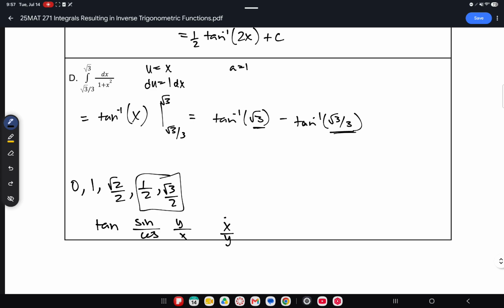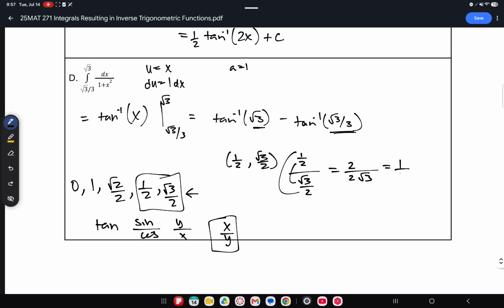So I know we're looking for an x over y scenario for these inverse tangents, with these as a combination. If the point is 1/2 and root 3 over 2, then x over y would be 1/2 divided by root 3 over 2, which would give us 2 over 2 root 3, which is really 1 over root 3, which is root 3 over 3. So that's this one.